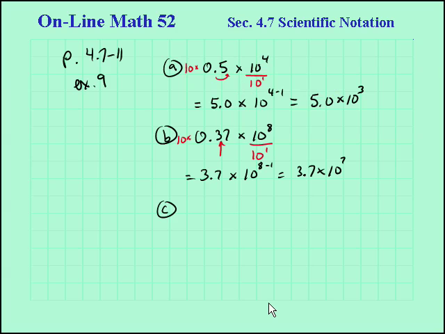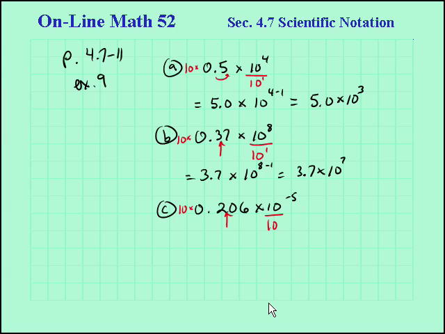Part C is 0.206 times 10 to the negative 5. That's what we're starting with. It's in scientific notation, but not proper scientific notation. We want the decimal to be right here after the 2, which means, again, we multiply it by 10, and then divide by 10 to compensate. Now here, whoops, I made a mistake. I was thinking ahead and got that wrong.